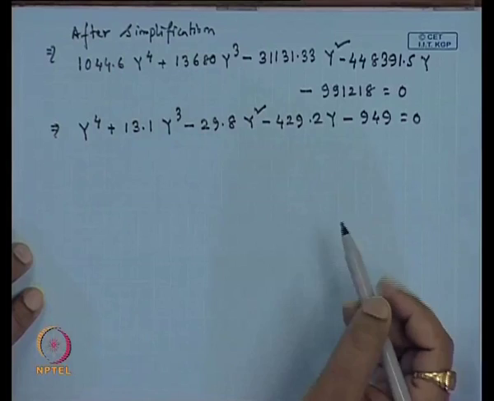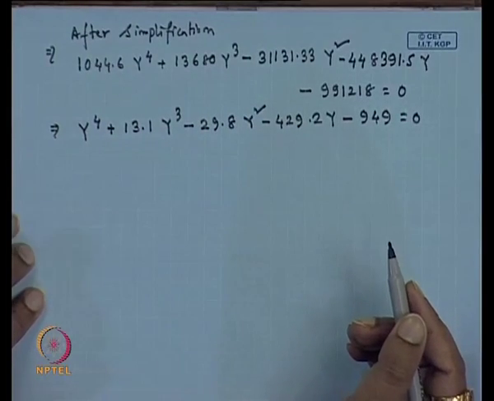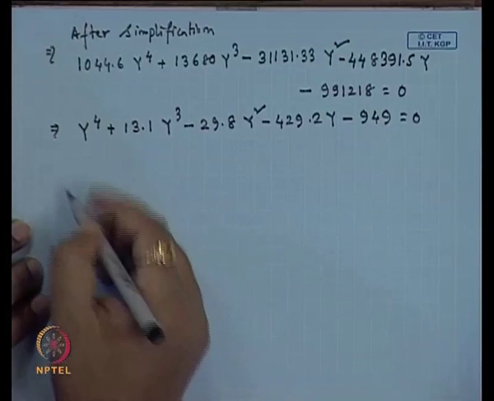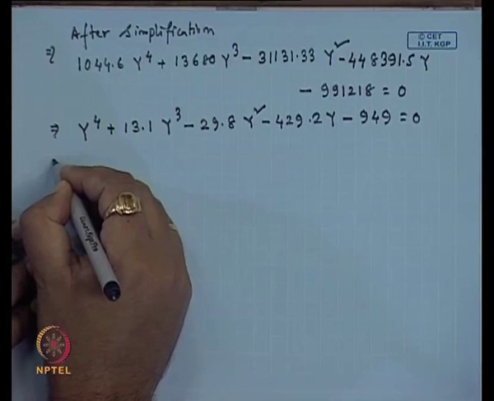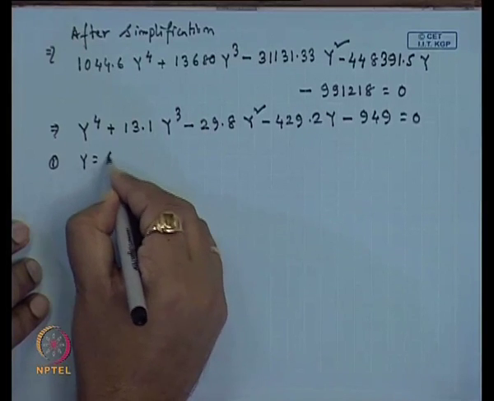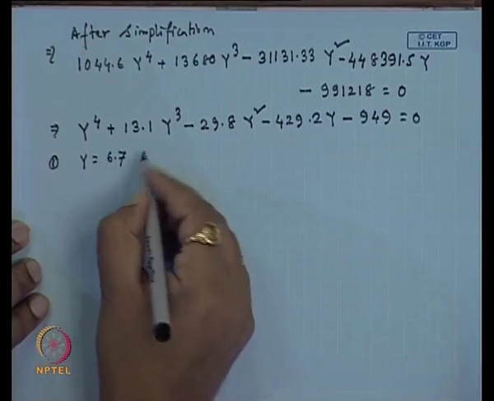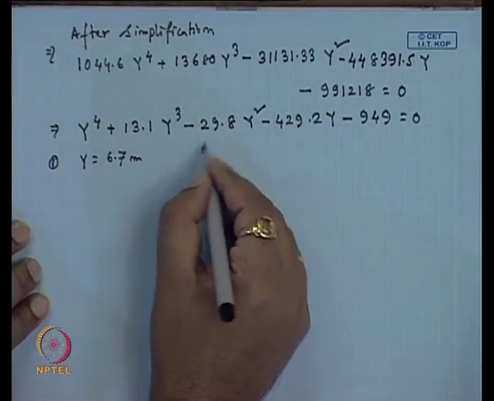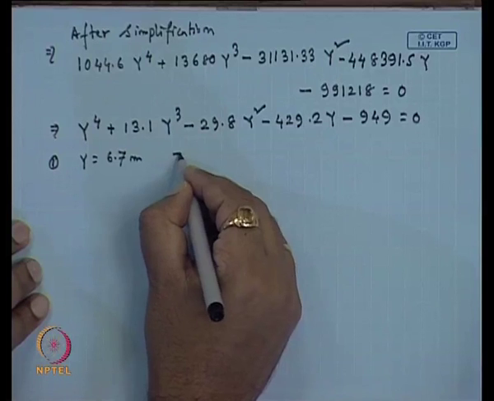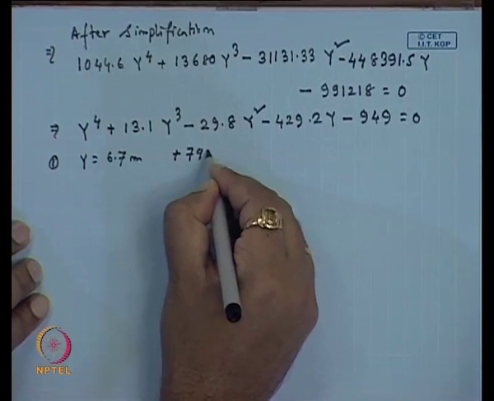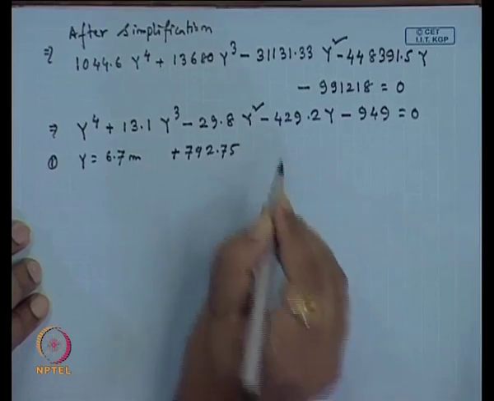We can solve it by the trial and error method. That is one option. So, if I try the trial and error method, here I start with 6.7. In the first trial, if I consider Y equal to 6.7 meter, then the extra term we are getting is 792.75.